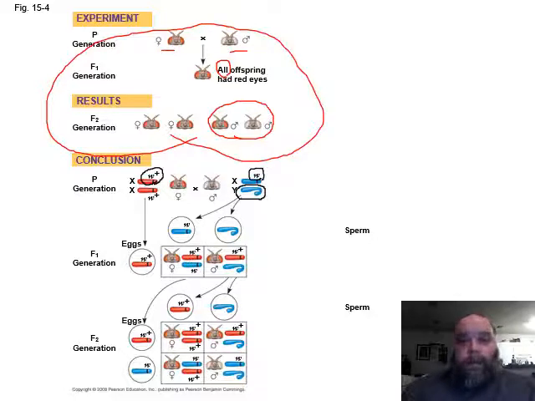W nothing means it's the mutant, giving you white eyes. Females have 2 copies. 2 X's, thus 2 copies. Males only have 1 X, thus only 1 copy.